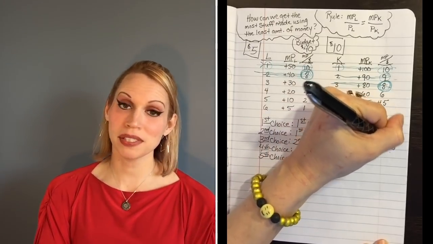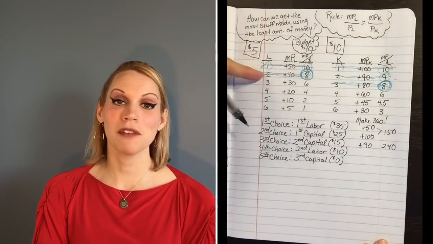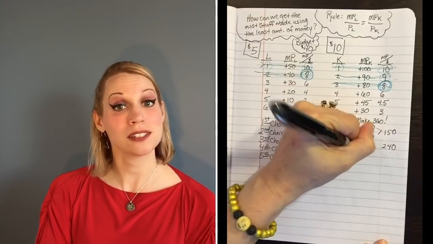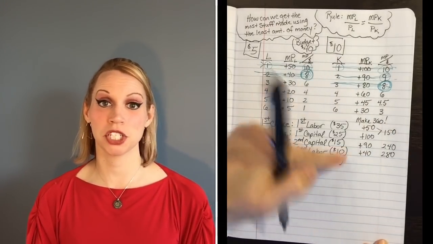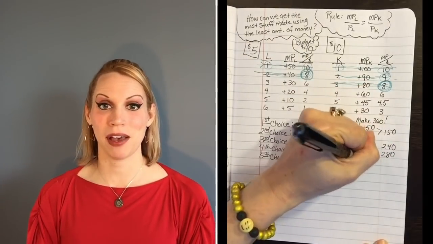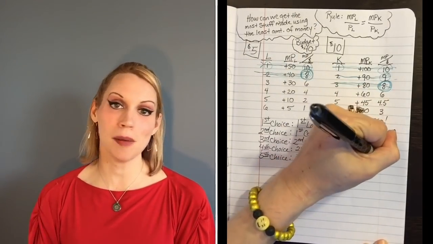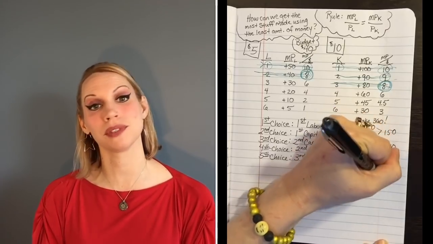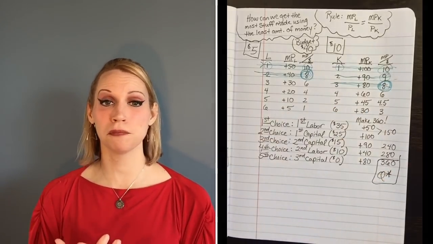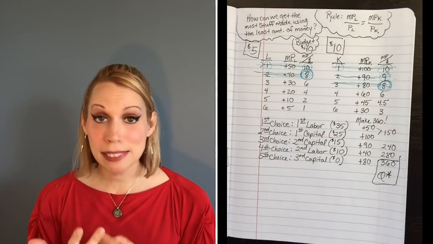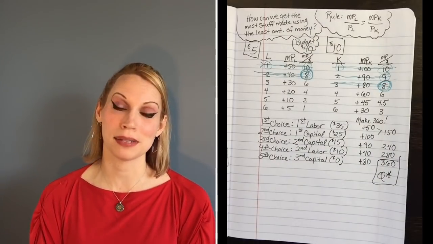Our fourth choice was our second worker, who gave us an extra 40 units of output, so that's going to be 280. And then our fifth choice is going to be our third machine, which gives us an extra 80 units of output, and that's going to put us up to the Q star we needed to reach, which was 360. So we have gotten the most stuff produced with the least amount of money spent as we possibly could.